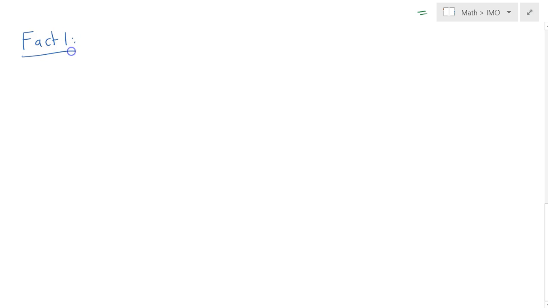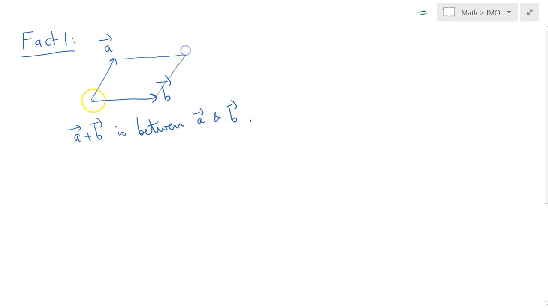Fact 1: if you add two vectors, let's say vector A and vector B, then the sum A plus B would be between vector A and vector B in terms of direction. In fact, we can say more precisely where that vector is using the parallelogram technique, which I guess everybody is very well aware of. So that's the first fact.